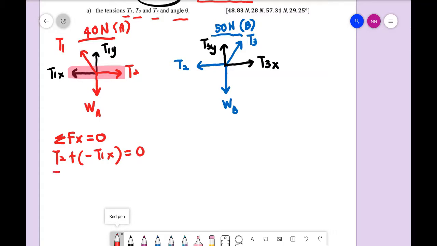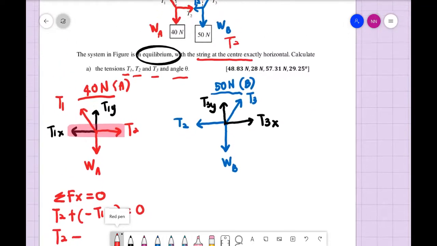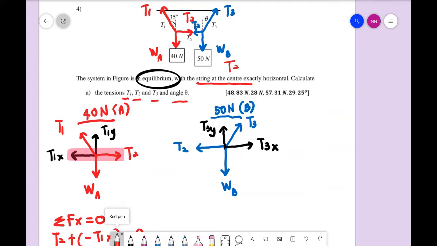T2 is unknown and T1 is unknown too, but we can simplify. From this diagram, the angle 35 degrees is here. You can use the angle 35 degrees, or you can use this angle. This angle will be 90 minus 35.